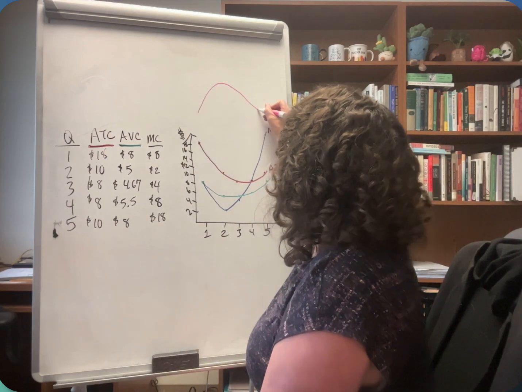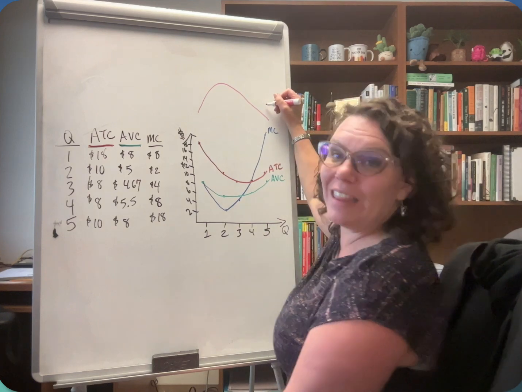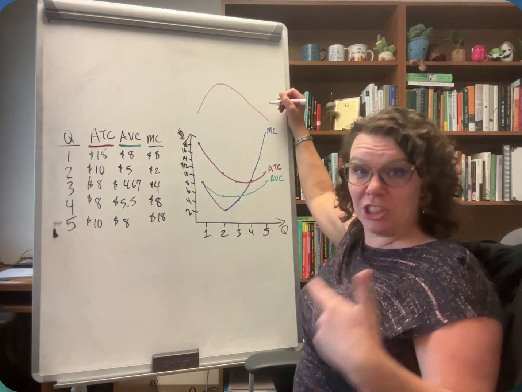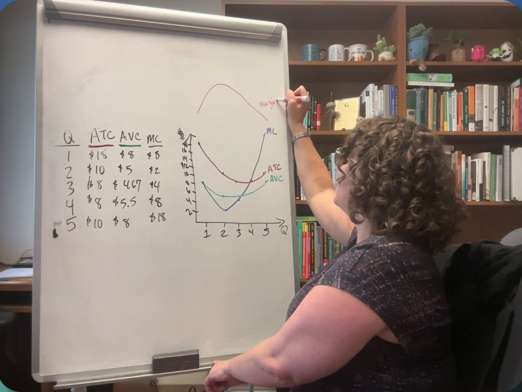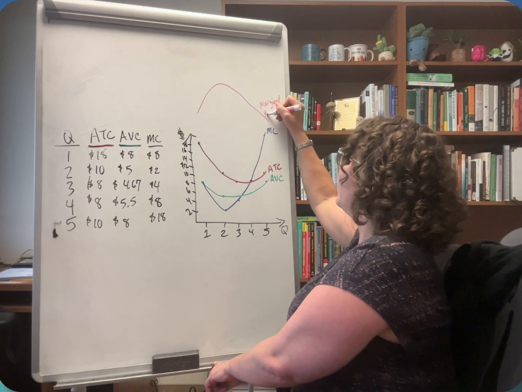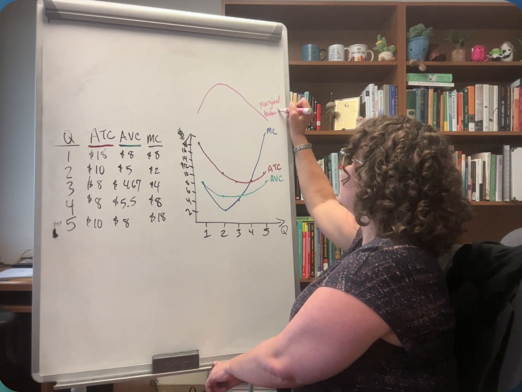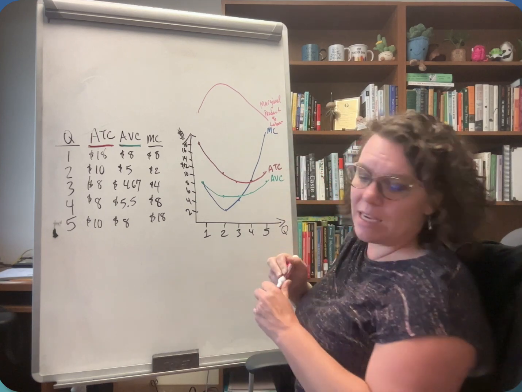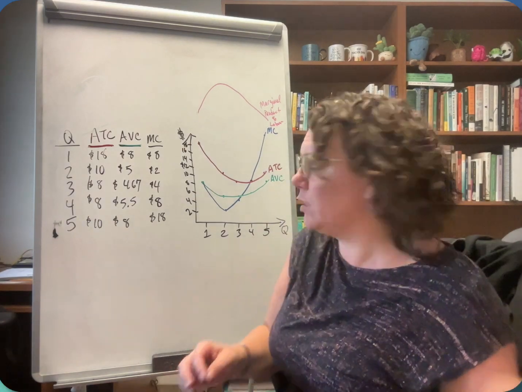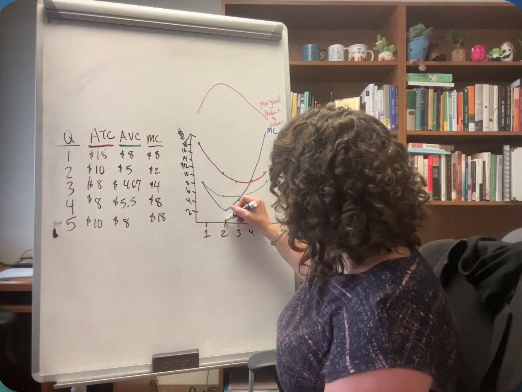Because while workers are getting less productive with each additional unit of labor added, the marginal product of labor falling is going to be mirrored by the marginal cost of producing those extra units.